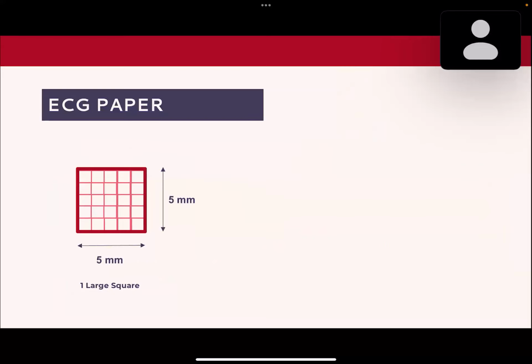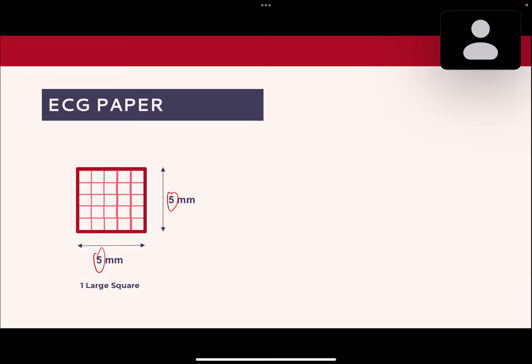So like every graph, it has an x-axis and a y-axis. So before we move on to the axis, let's look at the measurement of how many millimeters is each square. A large square, if you take a ruler and measure it, is actually 5 millimeters in height and 5 millimeters in width. The y-axis of this large square is for voltage.